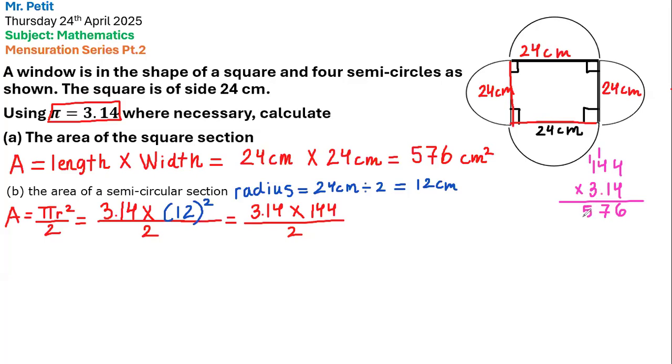So it's gonna be 5, 7, 6. We put a placeholder of 0. Then 1 times 4 is 4, and finally 1 times 1 is 1.